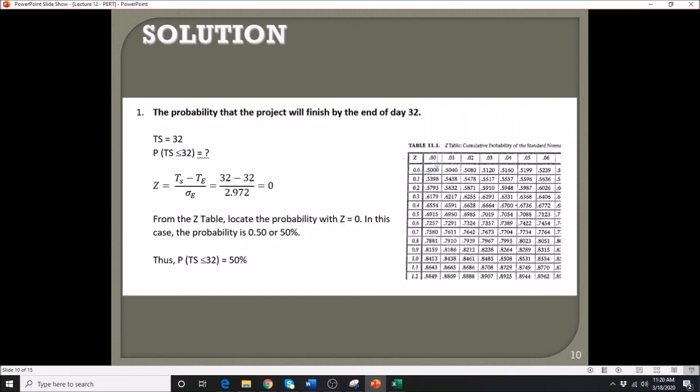Alright, so we're now ready to calculate the questions. The first question was, what is the probability that the project will finish by the end of day 32?